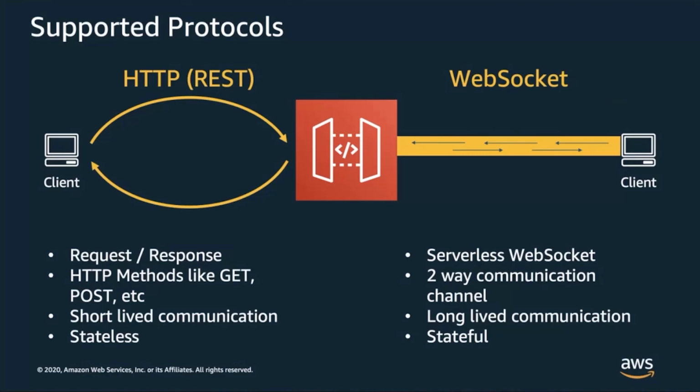WebSockets are also increasingly popular these days, whether it be for things like near real-time interactive dashboards, chatbots, or I should say chat between people for communication, things like pushing data back and forth to IoT devices. There's a number of places where WebSockets can be really useful to you. Again, not going to go too in-depth on WebSockets today, but just know that it is a capability of Amazon API Gateway that you can make use of.